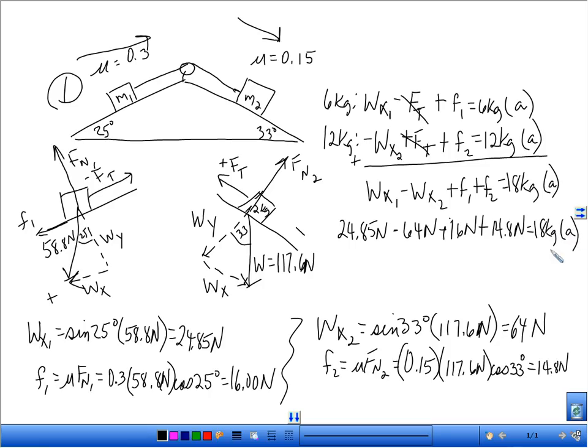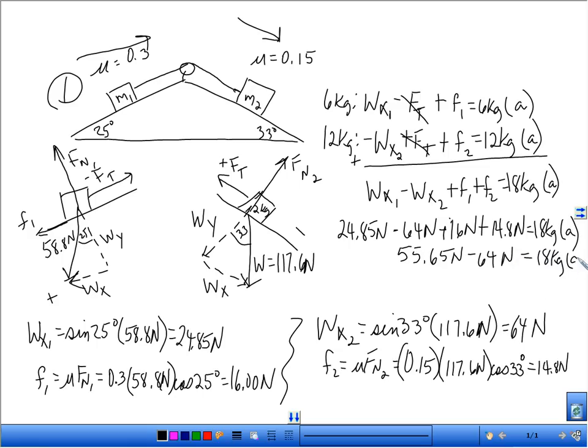So if I do the math, let me check that again, 24.85 plus my 16 plus my 14.8, and I'm going to get 55.65. So I'm going to have 55.65 minus 64 newtons is equal to 18 kilograms times A.